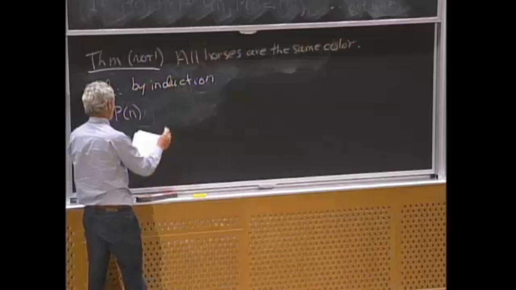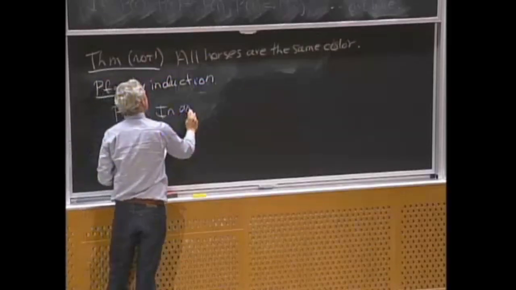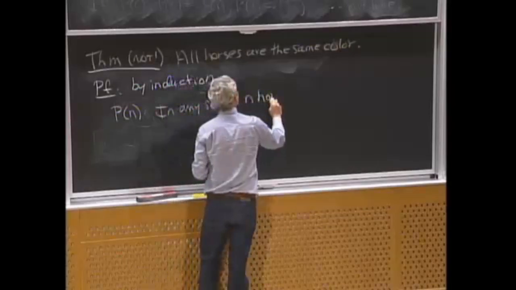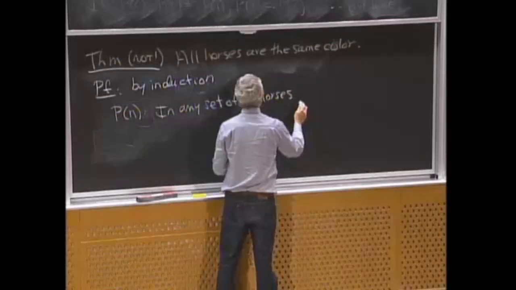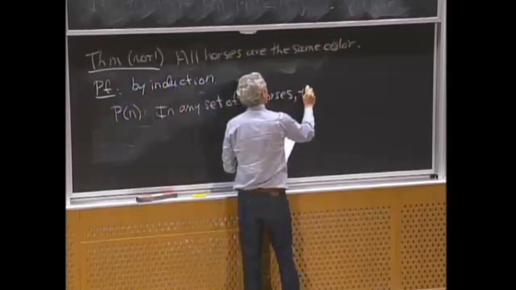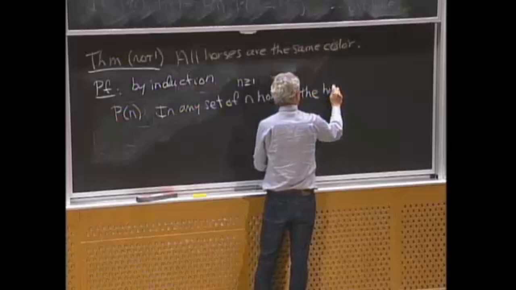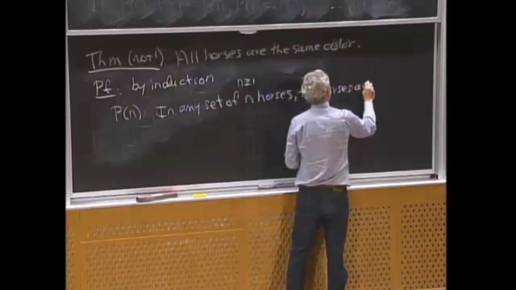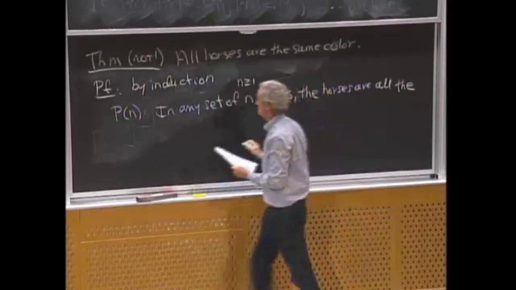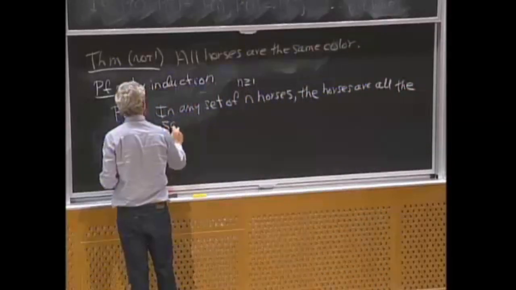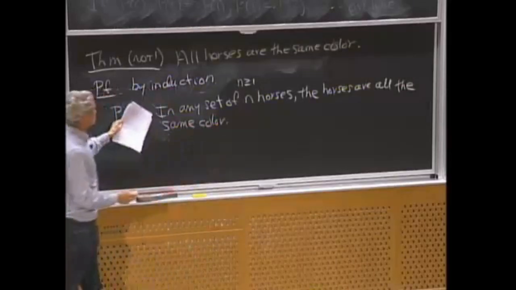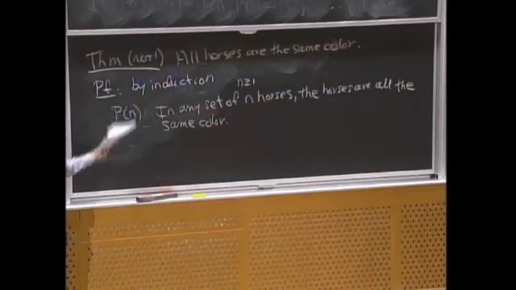So what I'm going to say is that in any set of n horses, and let's make n bigger than or equal to 1, the horses are all the same color. All right, now if I prove this is true for all n, well, then all horses are the same color.